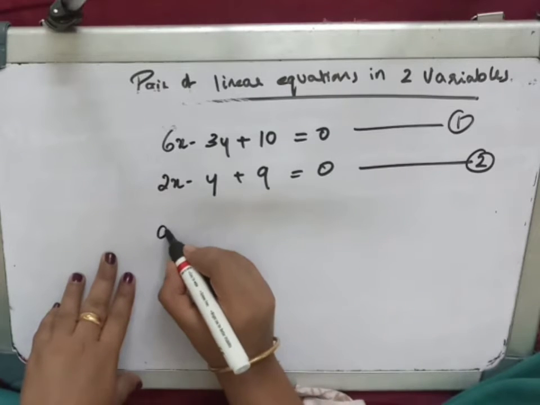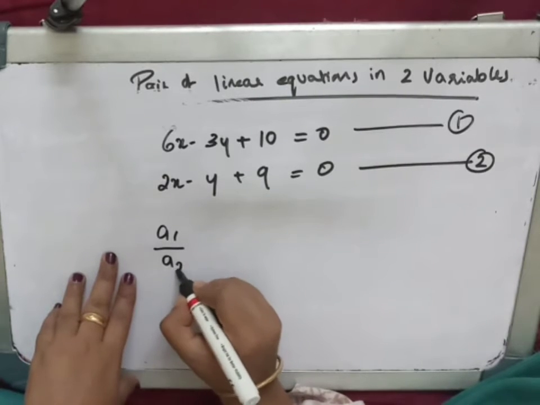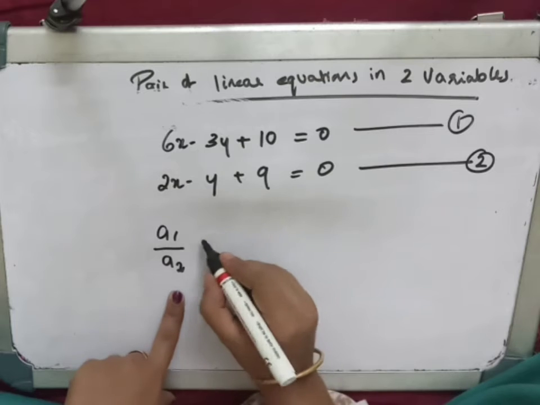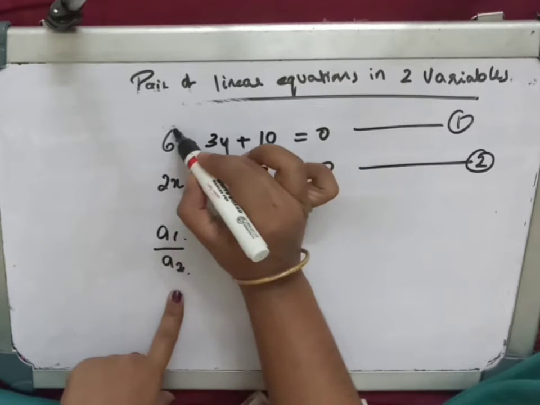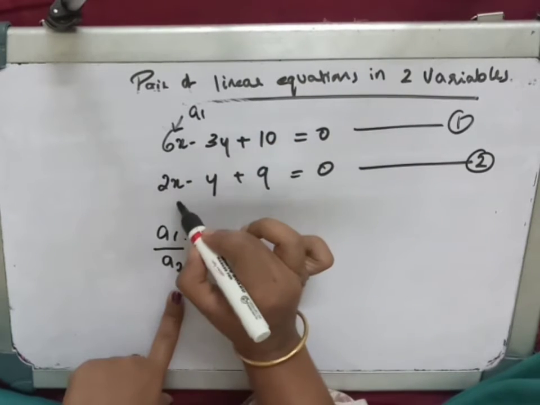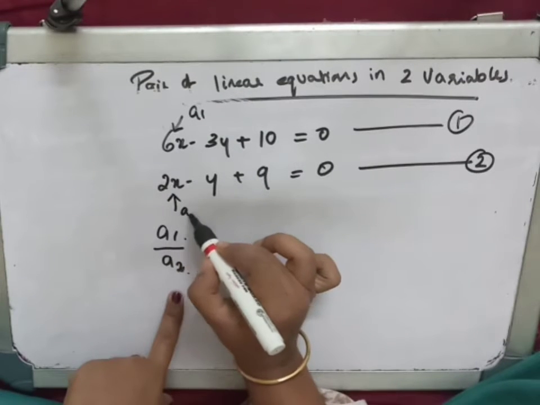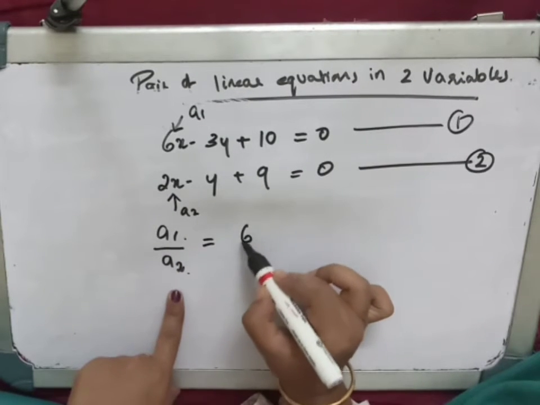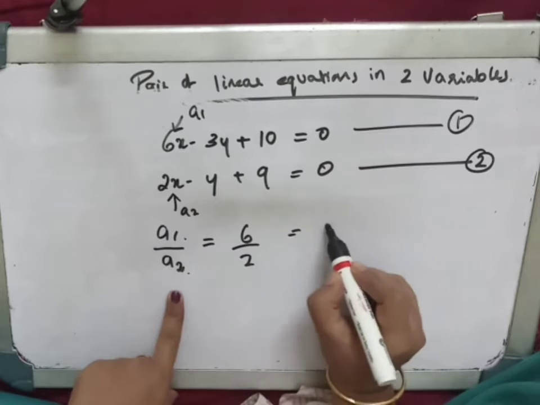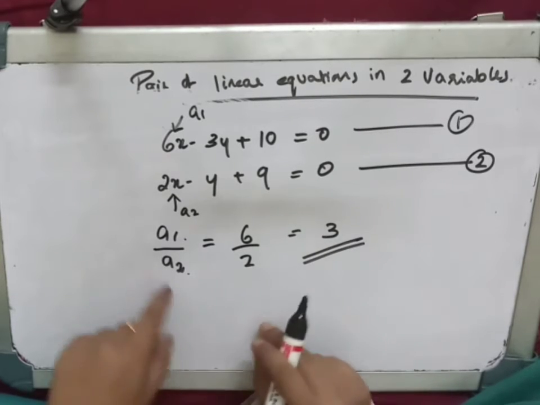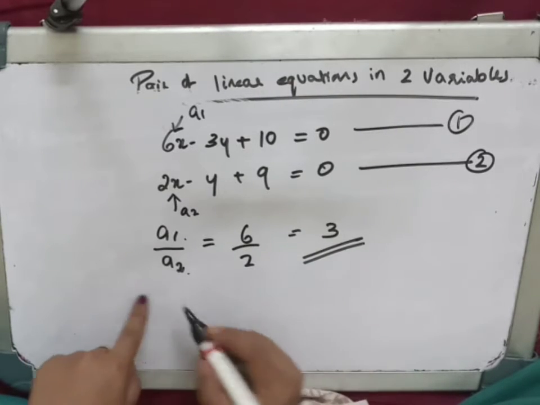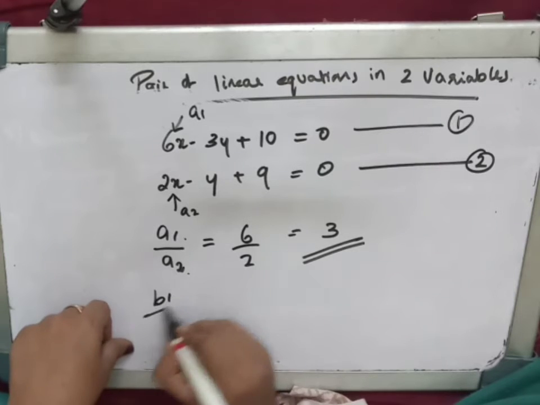So let us take the ratio of the coefficients. First, let us find the ratio of a1 and a2. a1 is 6 in the given set and a2 is 2. So we can write 6 by 2, and that is equal to 3. So the ratio of a1 by a2 is 3. Now let us find b1 by b2.